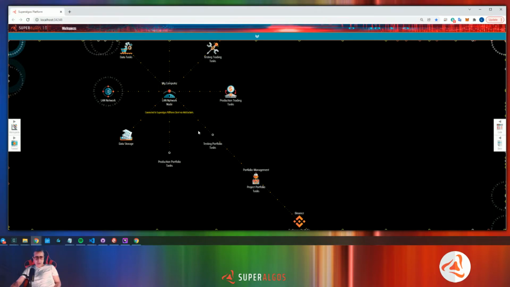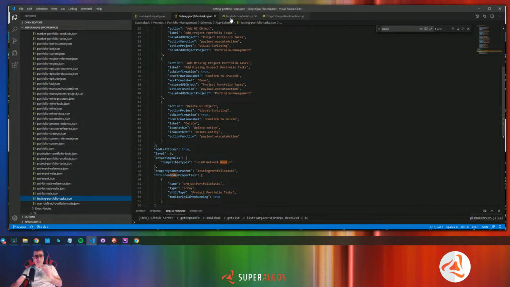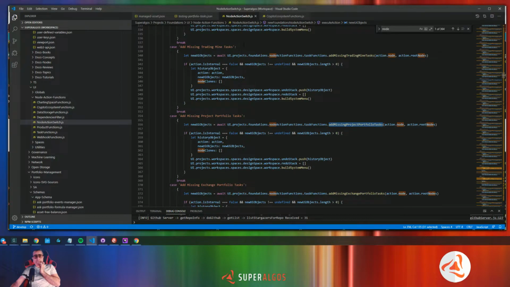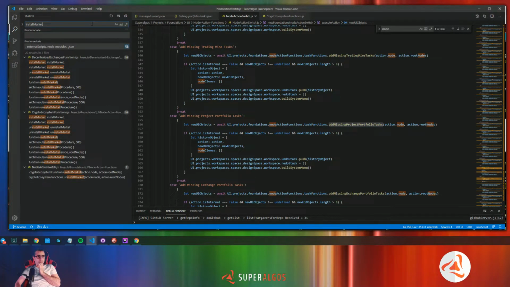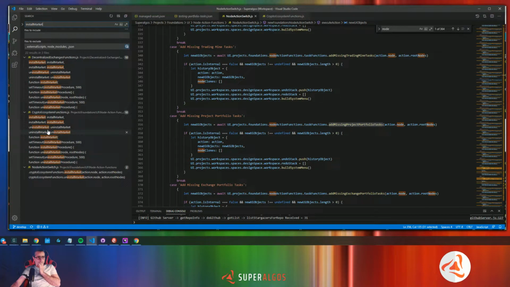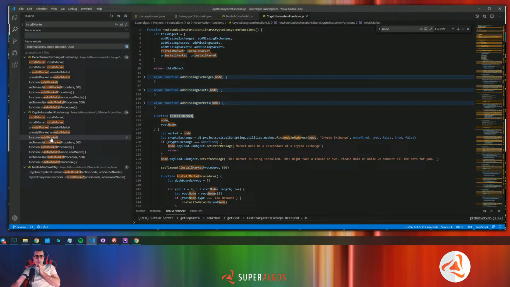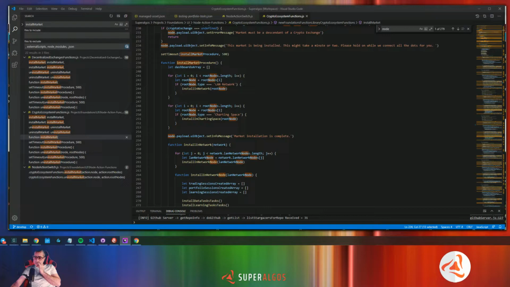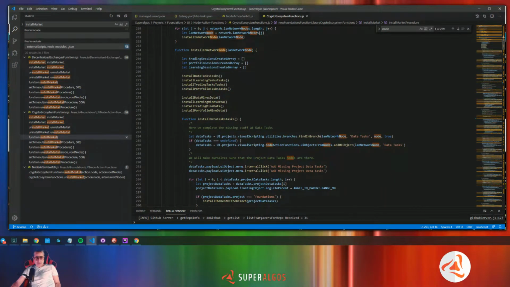So the question is, who created this guy? And probably this goes back to node action switch. So install portfolio tasks.